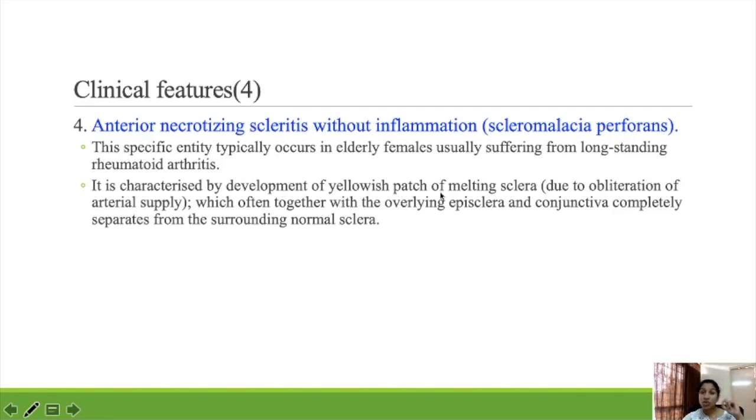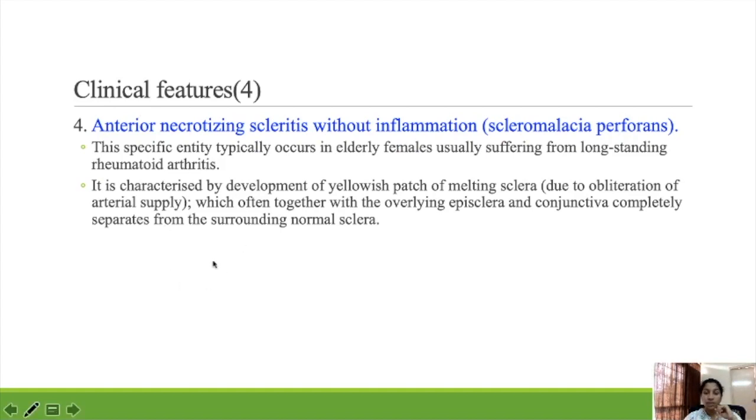a yellowish patch of melting sclera due to obliteration of arterial supply, which often together with the overlying episclera and conjunctiva completely separates from the surrounding normal sclera. So the overlying episclera and conjunctiva will get separated from the surrounding normal sclera.